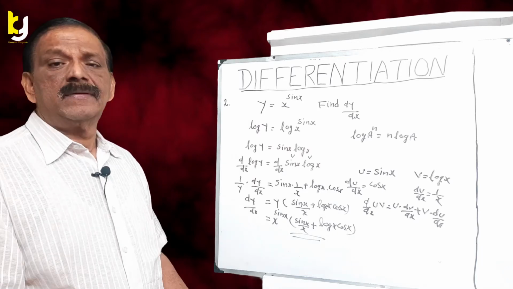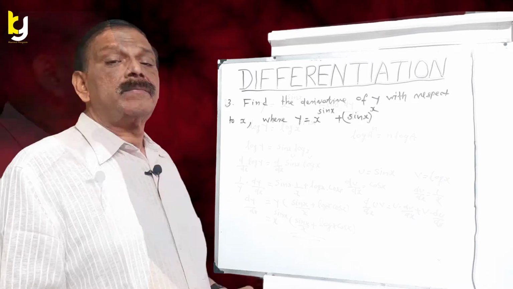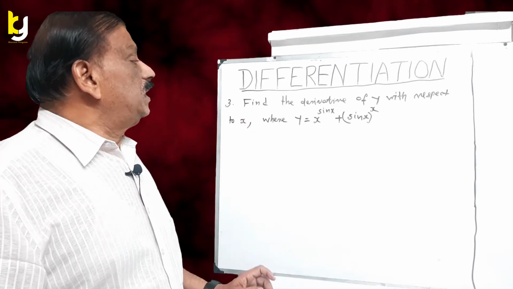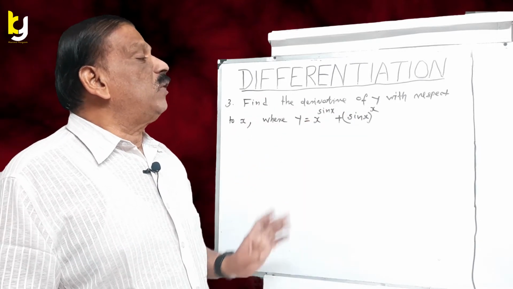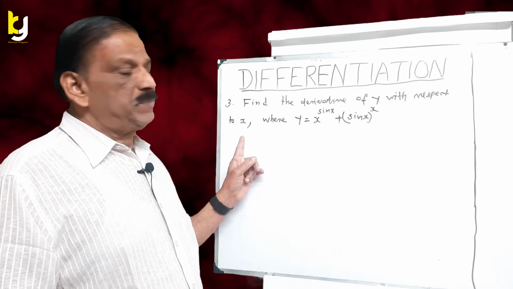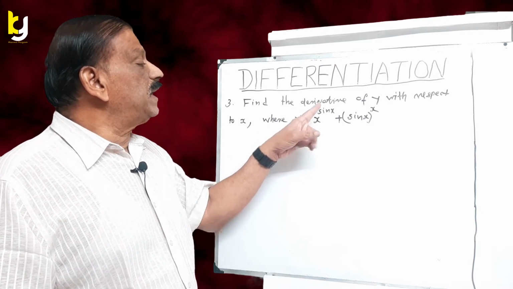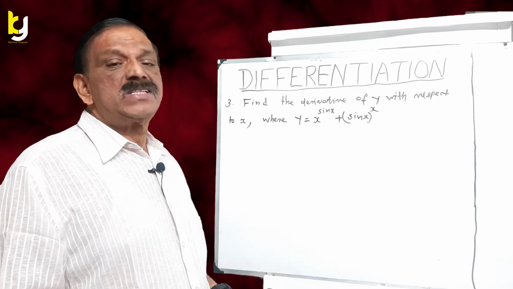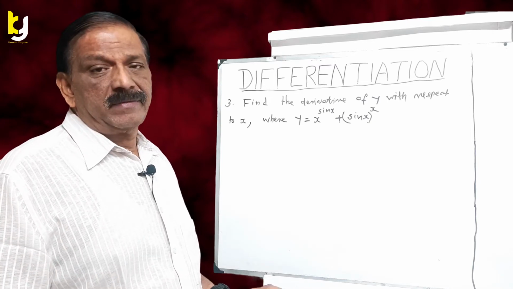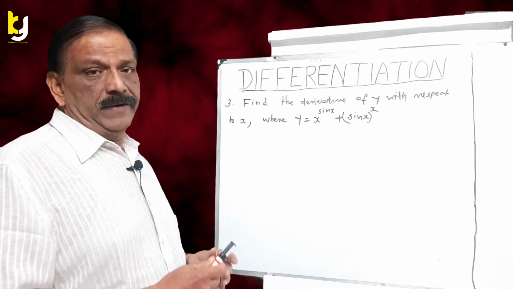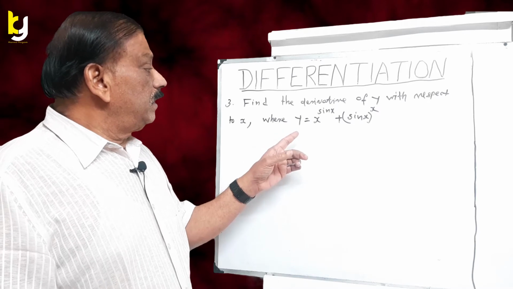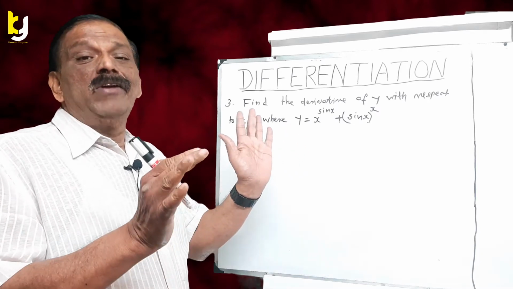Okay? Next question is, find the derivative of y with respect to x, where y equal to x to the power of sin x plus sin x to the power of x. This is a board question. See, mathematics is like weightlifting.